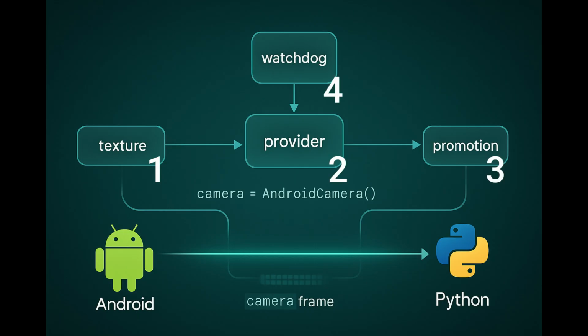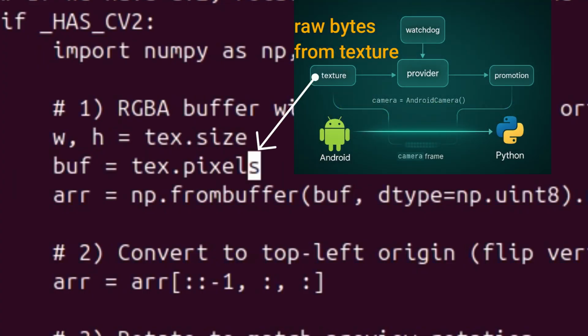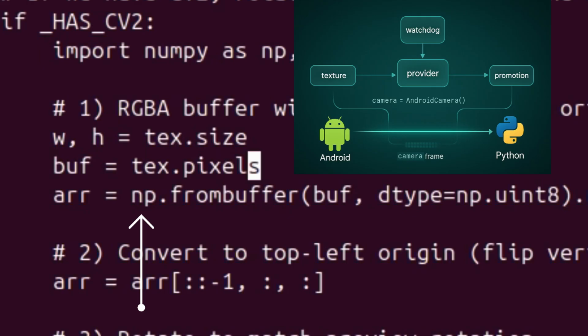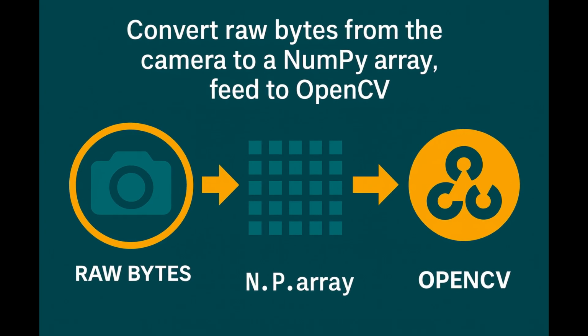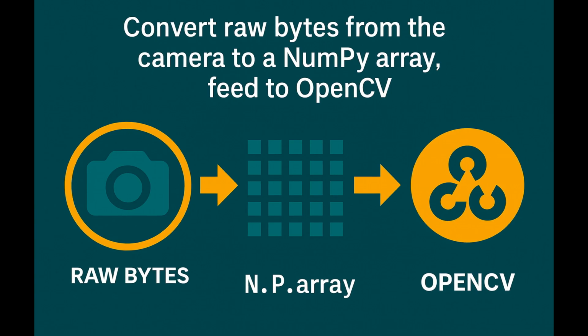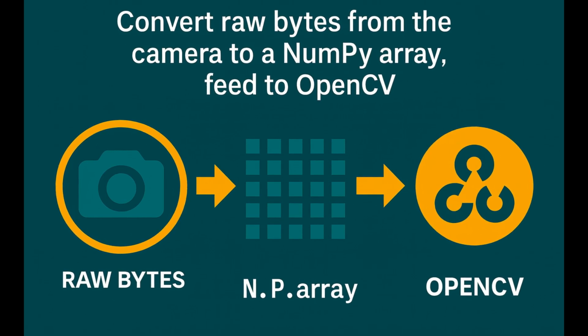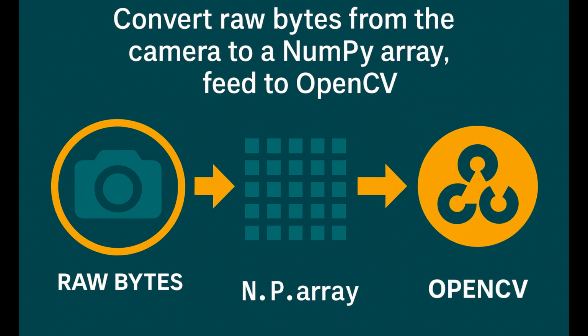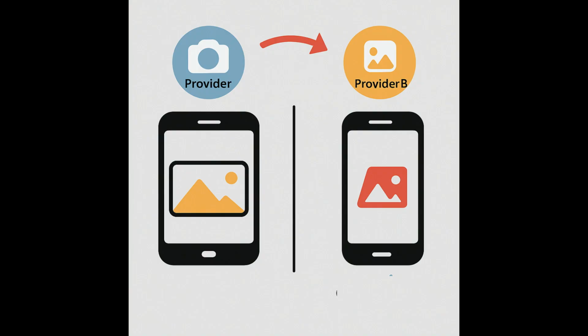From there, you can intercept each frame as raw RGBA bytes, reshape it into a NumPy array, and pass it directly into OpenCV. That's it. No video capture, no Java bridge, no OpenCV manager dependency. You get clean access to the same image data, only through Python's array space. And the result? OpenCV works flawlessly.